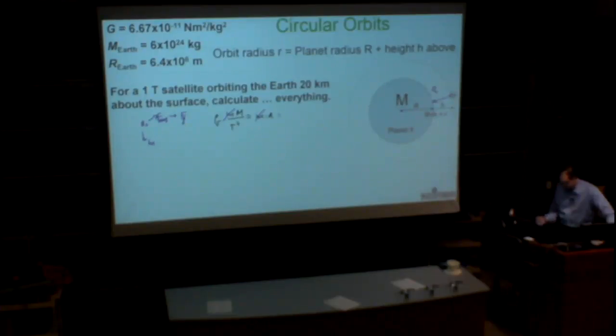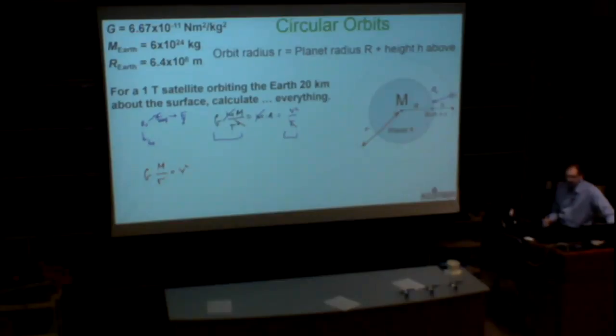And the acceleration is equal to speed squared over the radius. So we can cancel one radius. The expression, which we can use in the future, tells us how to relate speed squared, the mass of the planet, and the distance from the center of this planet to the satellite. Don't be scared.